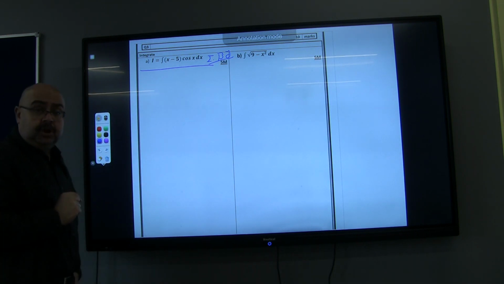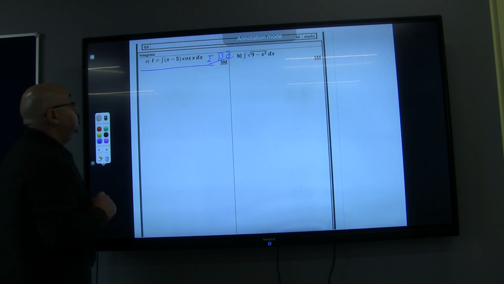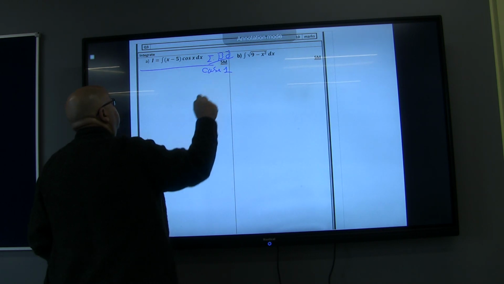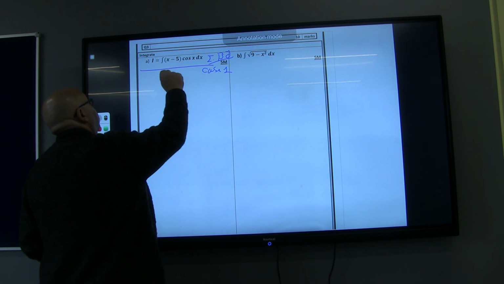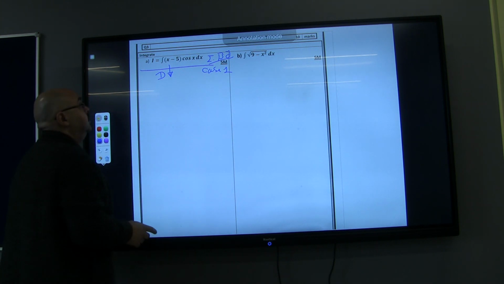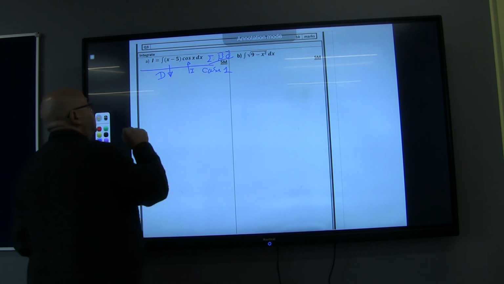And for this function, I will have to choose which one of them will be integrated and which one of them will be differentiated. This is the first case, case 1 in integration by parts. So I'm going to go for differentiating x minus 5 as it will disappear in the second integral, and integrating cosine of x.